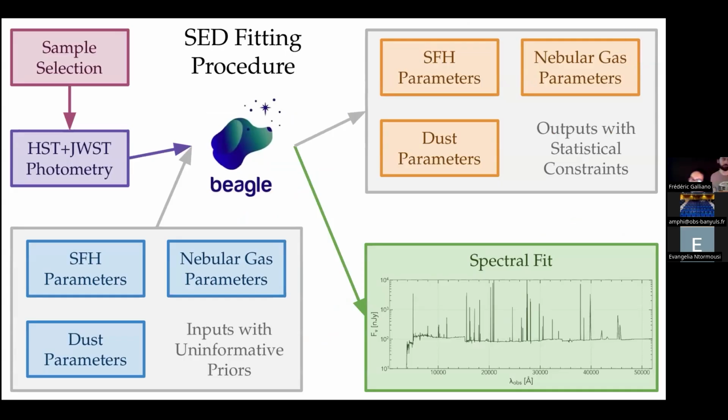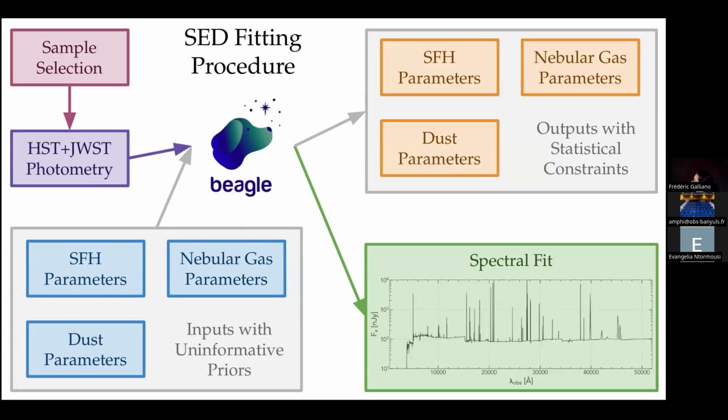Yeah, and so just briefly about the SED fitting procedure we took. We first curated a sample, collecting the HST and JWST photometry that is a part of JADES, and that is something that we input into Beagle along with inputs of the star formation history, nebular gas, and dust, for which we use relatively uninformative priors.